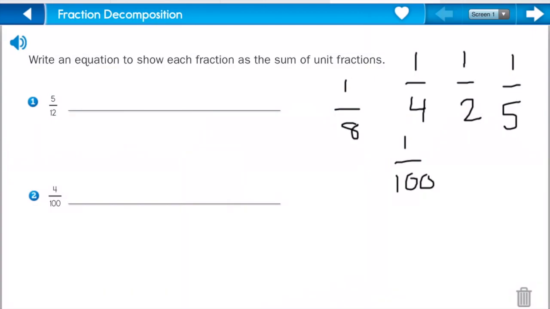Any number that has a 1 on top, which is the numerator, is called a unit fraction. And over here on the side are some examples of unit fractions.